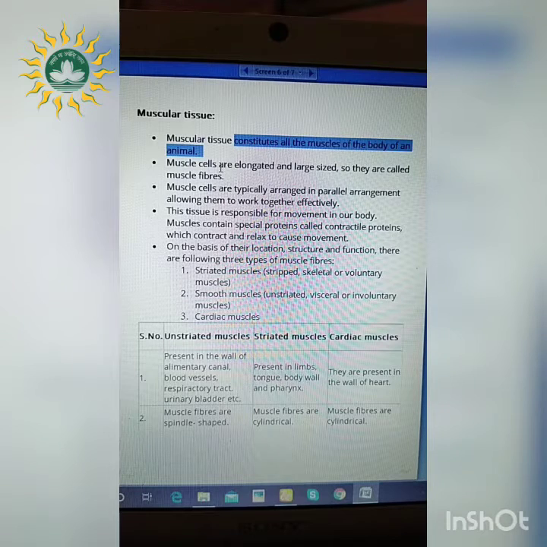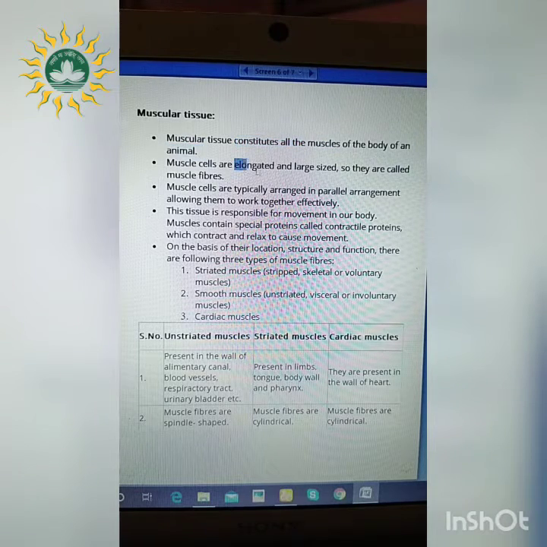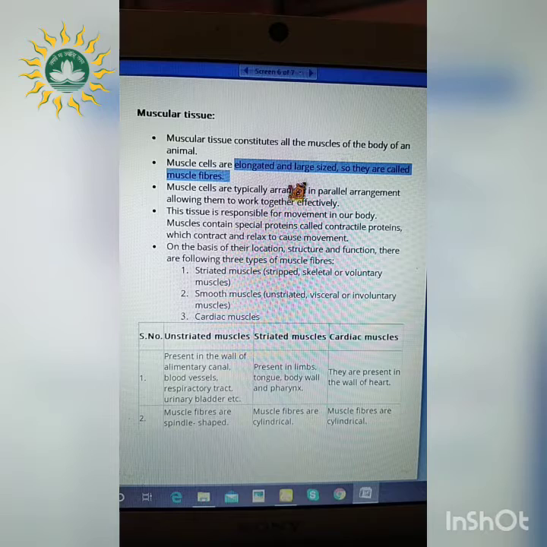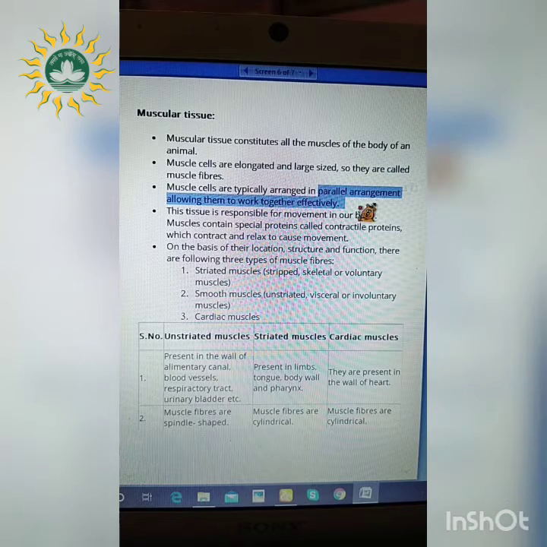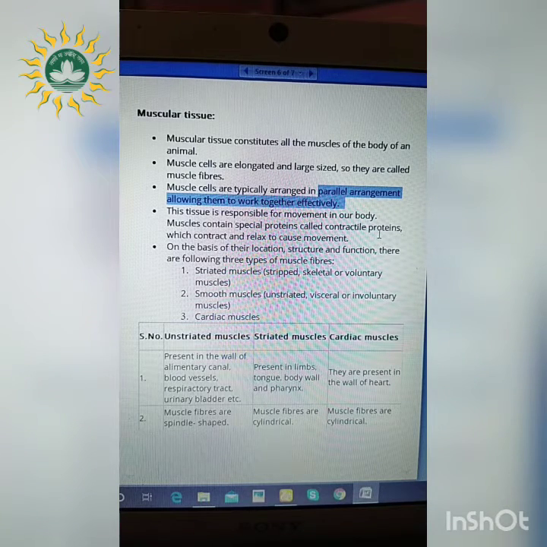These muscle cells are elongated and large sized, and they are called muscle fibers. They are typically arranged in a parallel arrangement, allowing them to work effectively. Parallel means one by one, side by side, right? So they help in effective work altogether.